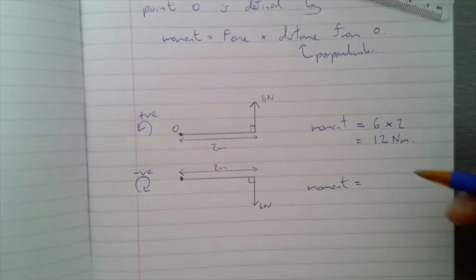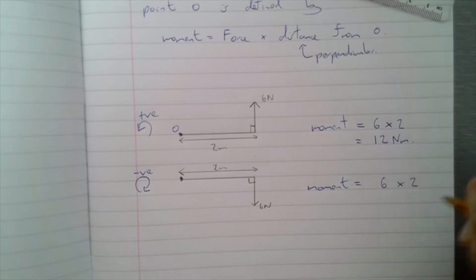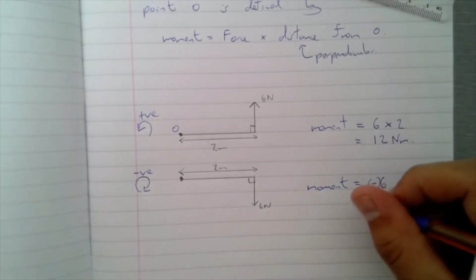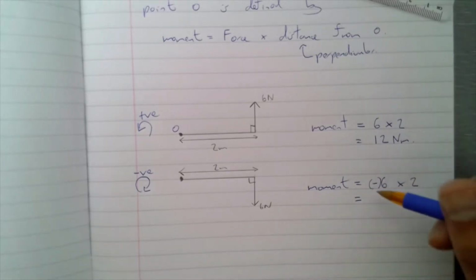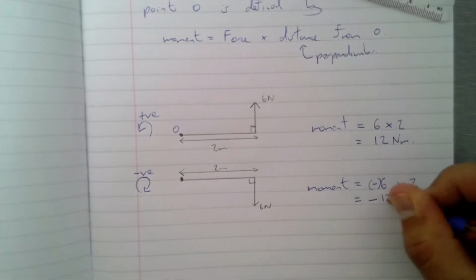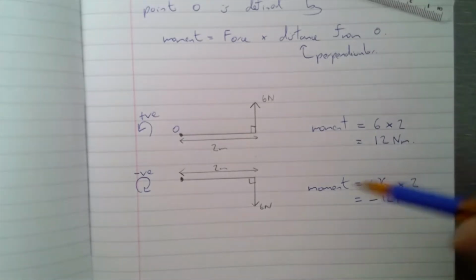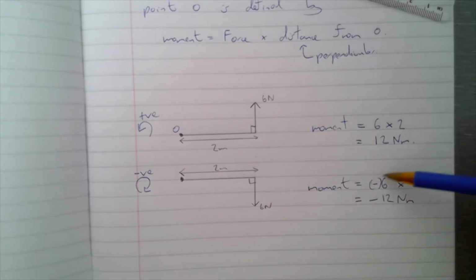So, this moment, yes, it's still 6 times 2, but the way I've always done this is I put a minus sign in front of the force in a bracket, just to say to myself, oh yes, this is going to be a negative moment because it's clockwise, and then on my next line I've got negative 12 Newton meters. The reason why I don't put just minus 6 here is because it says 6 in the question, so I'm artificially timesing this product by minus 1 to get minus 12 Newton meters.